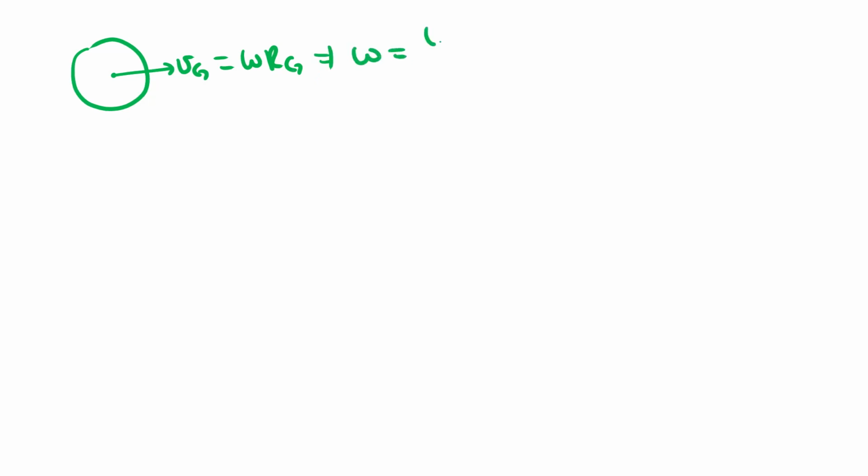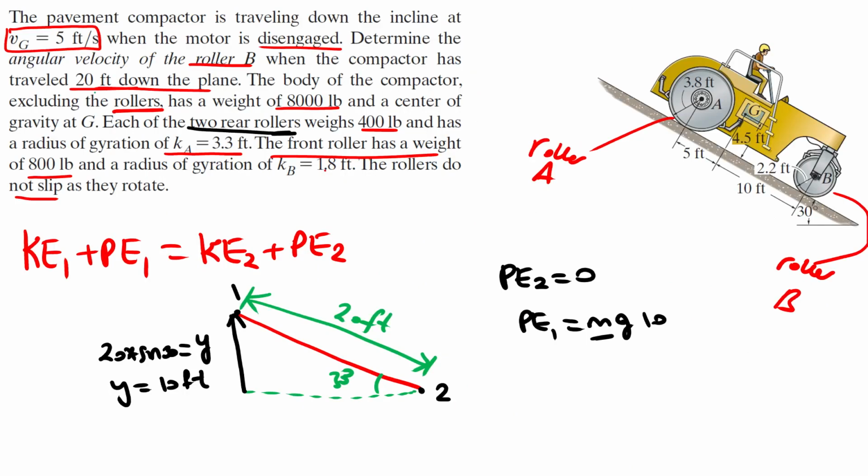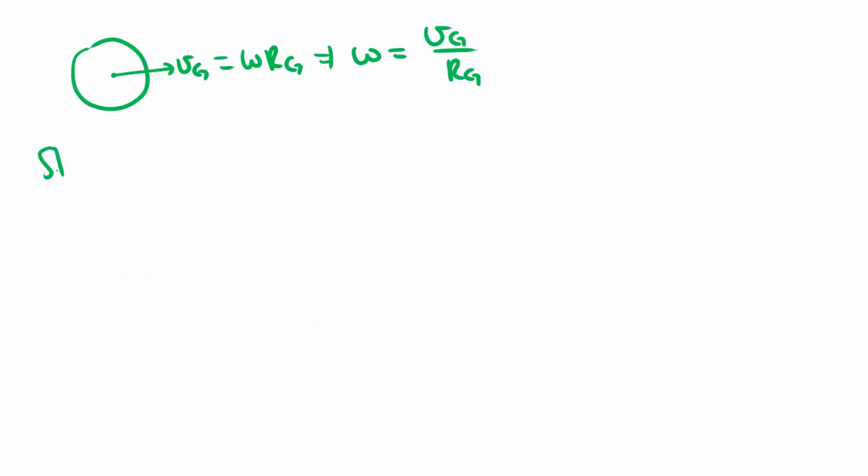Instead of omega, we can write Vg by Rg. And then the question says that the velocity is 5 feet per second. So at state 1, Vg is 5 feet per second.